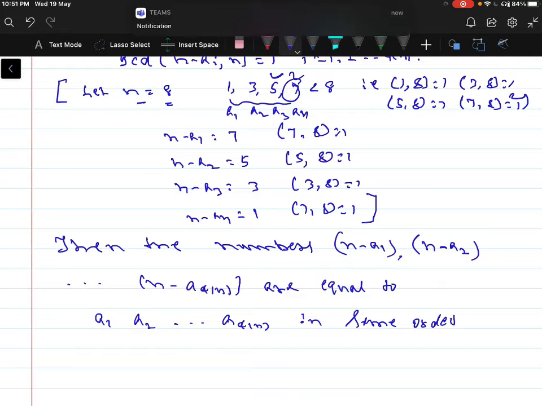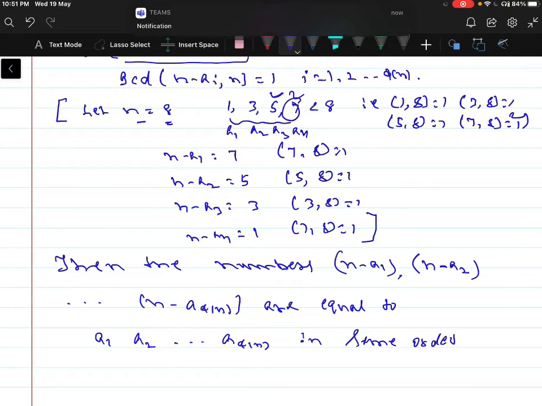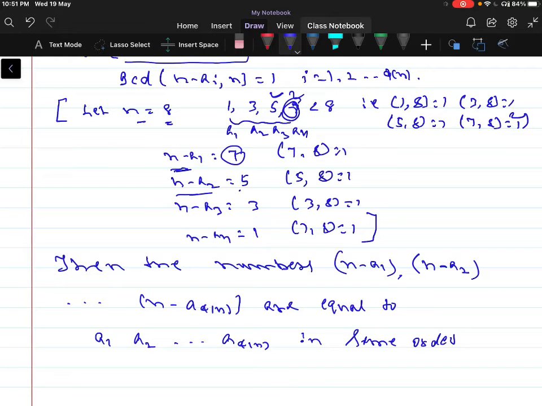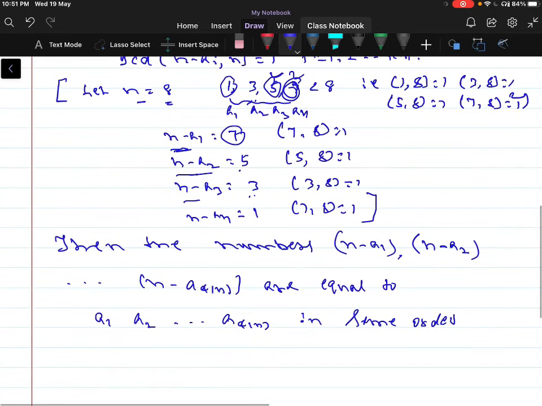You can observe that in this example: n minus a1 is 7, which is a4; n minus a2 is 5, which is a3; n minus a3 is 3, which is a2, where a2 is equal to 3; n minus a4 is 1, which is a1. Therefore the numbers n minus a1, n minus a2, and so on, n minus a pi of n are equal to a1, a2, and so on, a pi of n in some order.